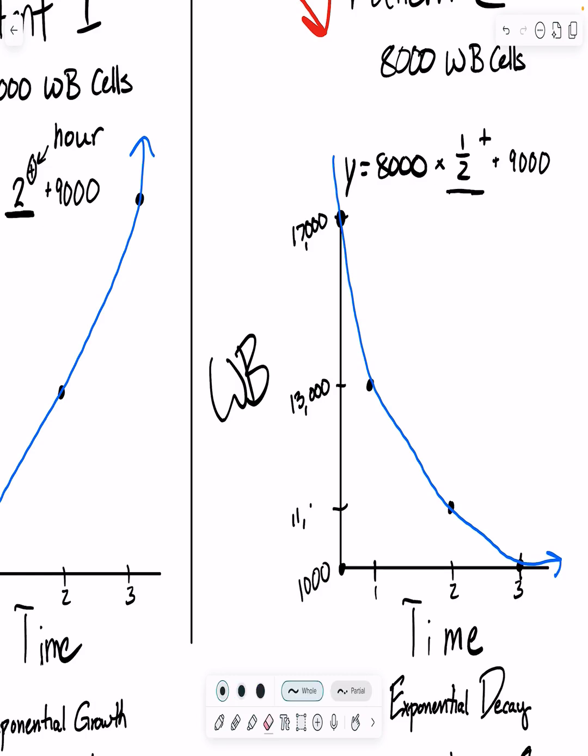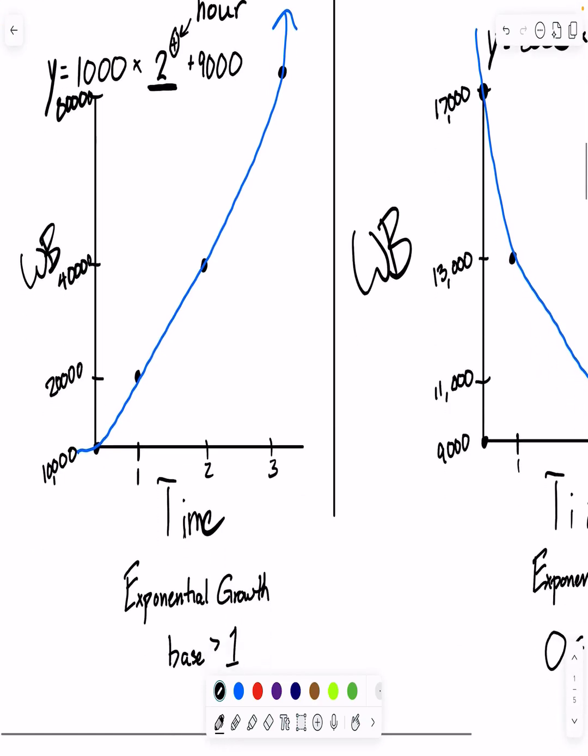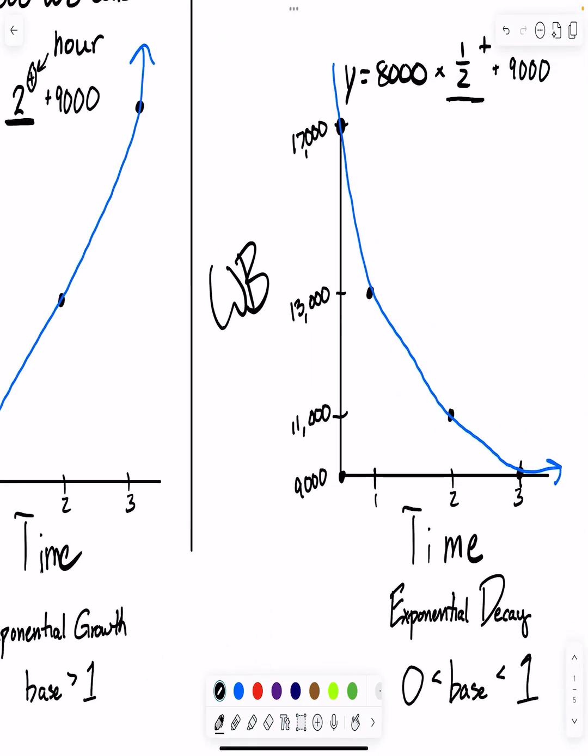Let me see, yes. 11,000. And then here we would be slowly approaching 9,000. So again, we would never approach 9,000. So we would never fully be 9,000 here.